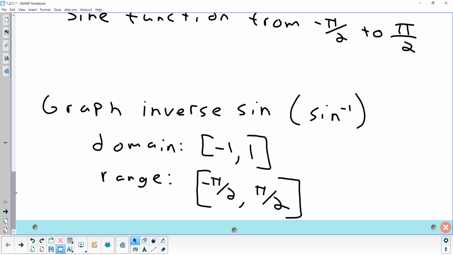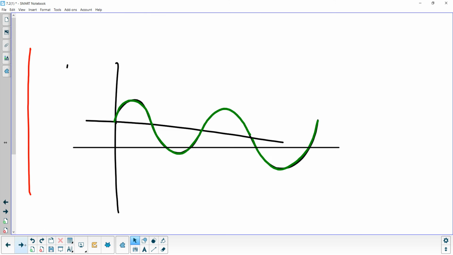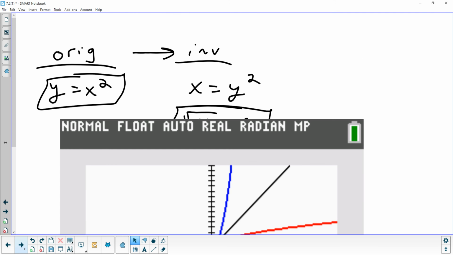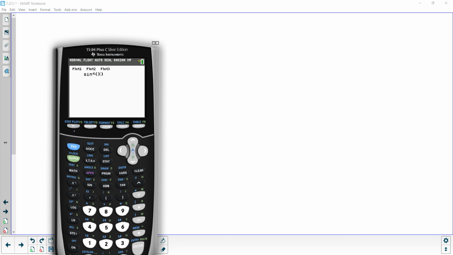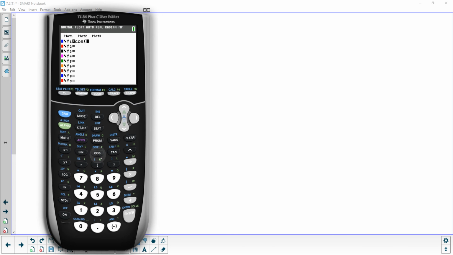Now, let's do the same thing for inverse cosine. Let's look at regular cosine, see if it passes the horizontal line test, and if it doesn't, well, let's find a window where it does. All right, so let's put up the graph of regular cosine.